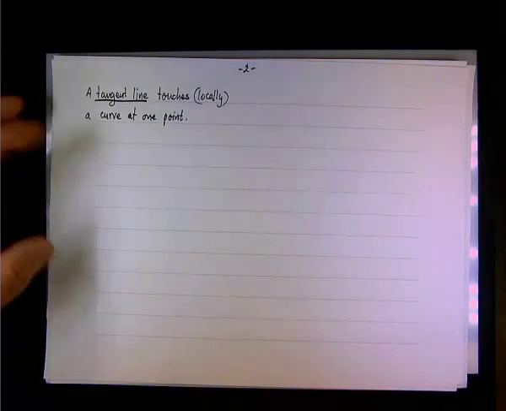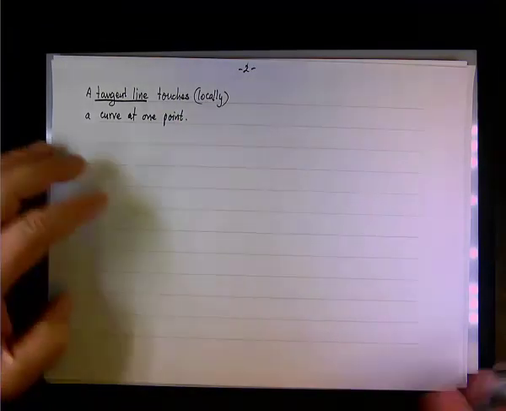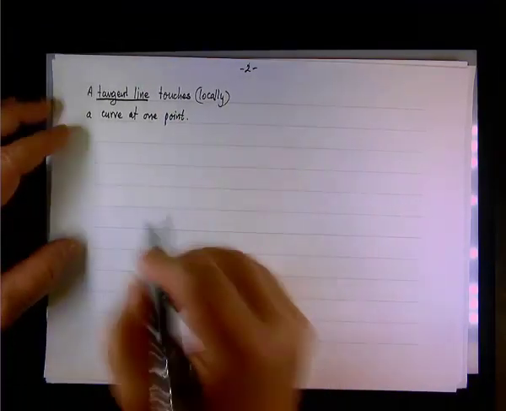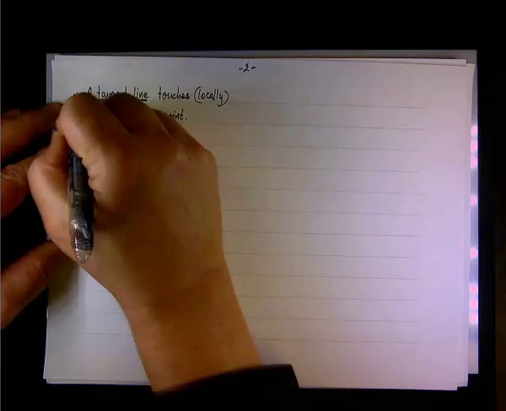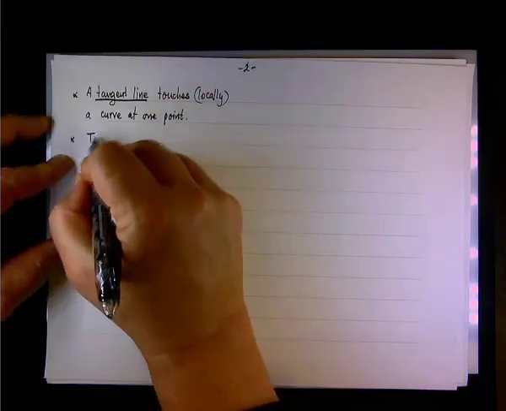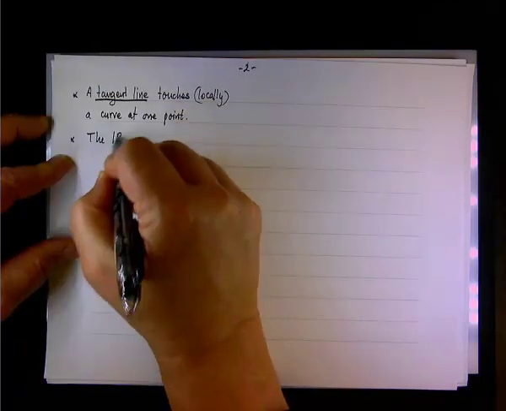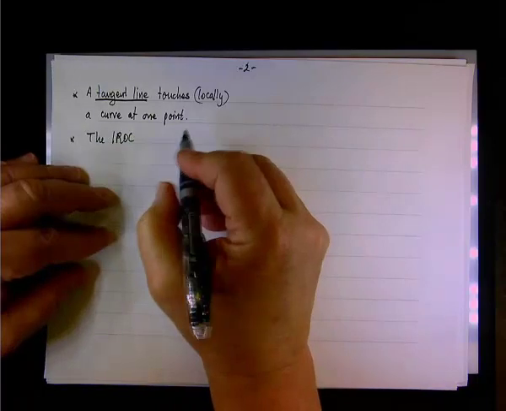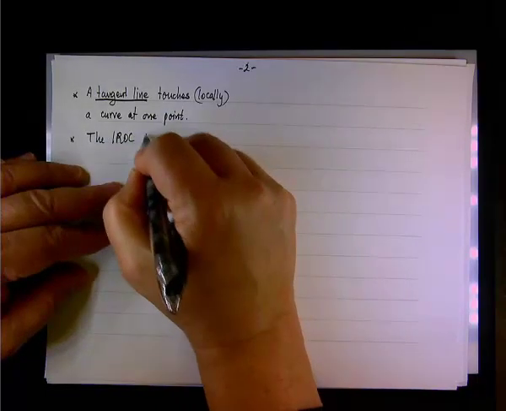Okay, so that's the layman's description of the tangent, and now we're going to say that the AROC, the instantaneous rate of change, is the slope of the tangent line.